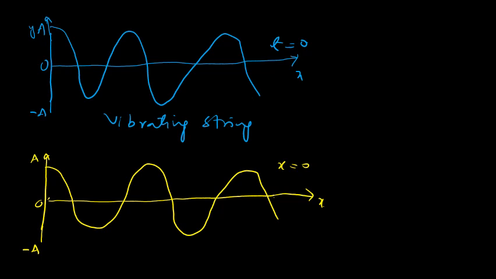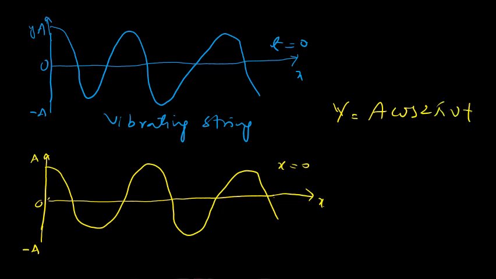Here you can see that at time t equal to 0, it has the maximum at x equal to 0. So its displacement at any future time t at the same place, that is at x equal to 0, can be given by the formula y is equal to a cos of 2 pi mu t.